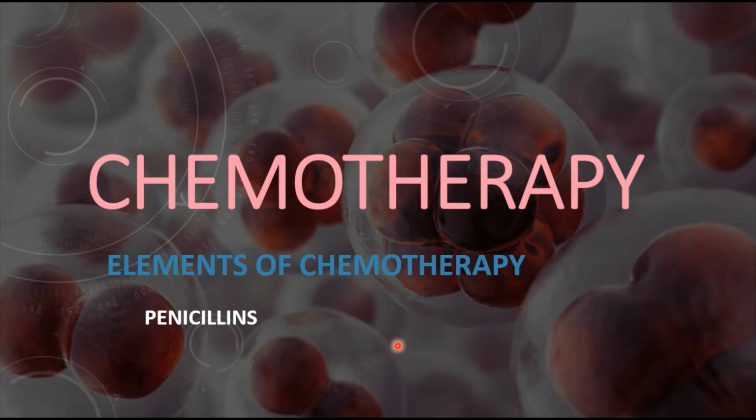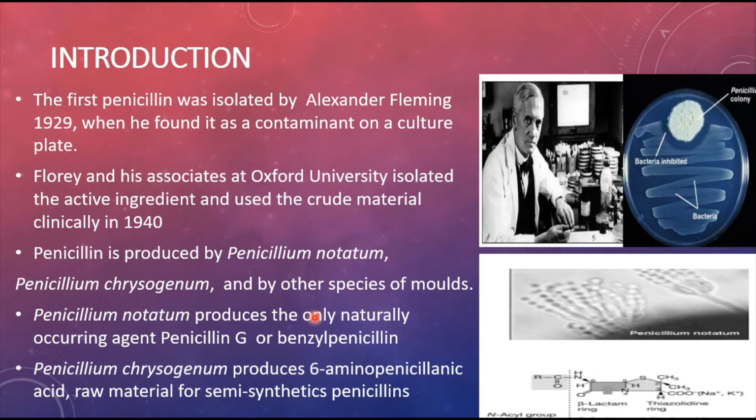Before getting into the mode of action, let's have a glance at an introduction to penicillin. As we all know, penicillin was discovered by Alexander Fleming, who was the first one to isolate it, produced by Penicillium notatum, a fungus. Later, Florey and his associates at Oxford University isolated the active ingredient present in this fungus, and they used that crude material clinically, in the treatment of infections, in the year 1940.